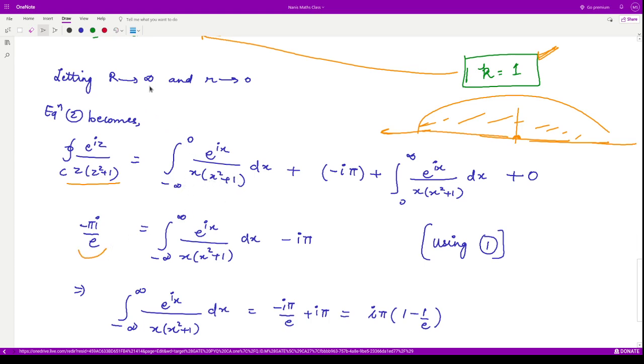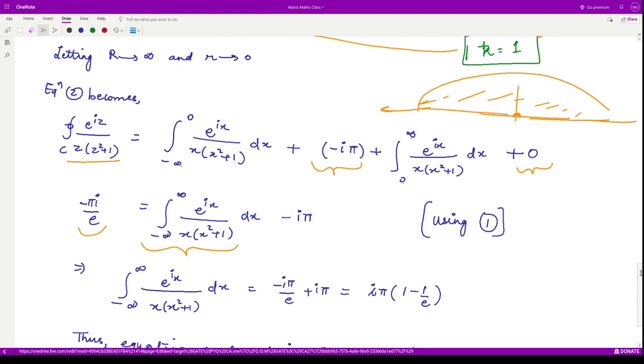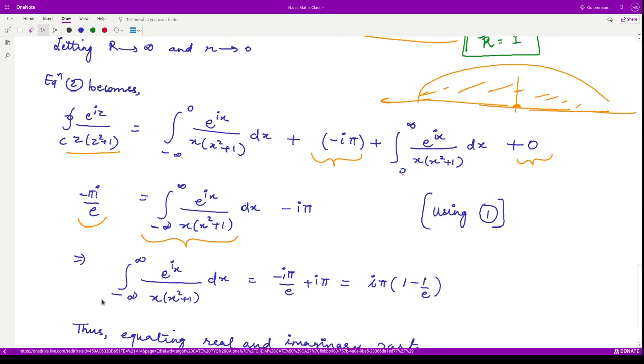Now when r goes to infinity and small r goes to 0, this becomes minus infinity to 0, and this becomes 0 to infinity. So we can combine these limits, so it would be minus infinity to plus infinity of the integrand dx, and the value of the integral over small gamma is minus iota pi, and that over capital gamma is 0. So we are left only with this term. Now you can club all these terms, and we have this expression.